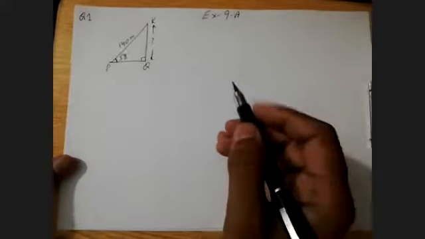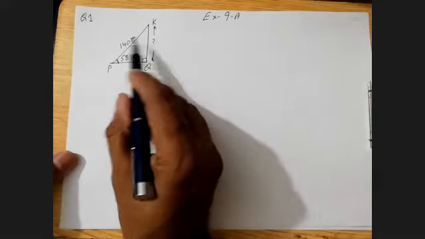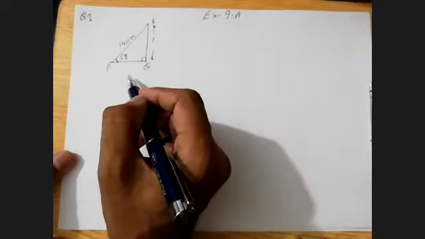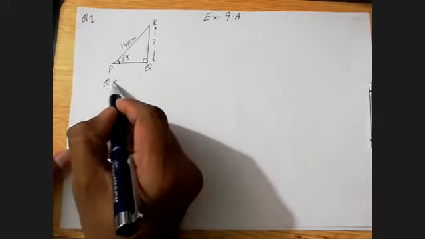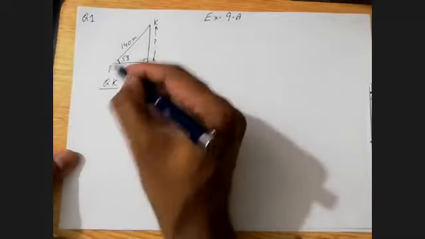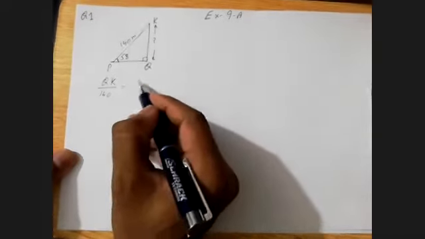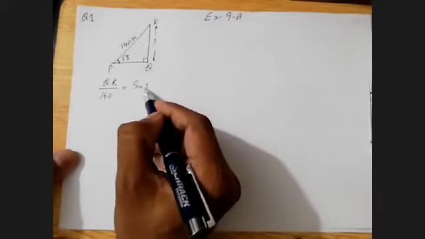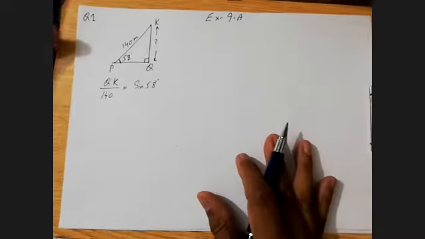guys, as you know, perpendicular over hypotenuse, opposite over hypotenuse, this is called sine. So QK is the opposite over hypotenuse 140, is equal to sine 58. So here we are going to apply the sine ratio.